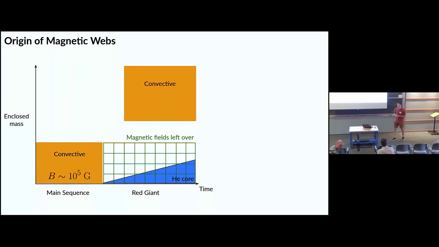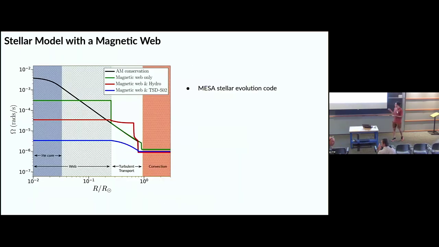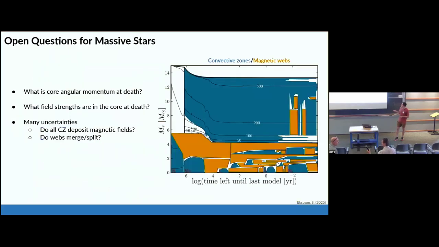Yes, this limit of having all of these regions coupled by just magnetic fields goes back to Kissin and Thompson's work, and also Spruit and Phinney from 1998. Basically, if you always have full coupling after every convective zone, then you should always have a very slow magnetized core at the end.